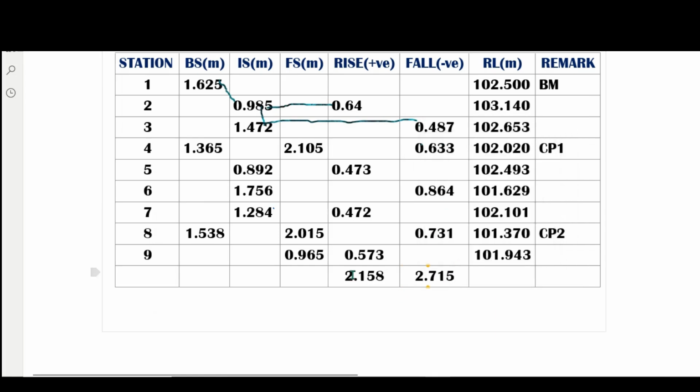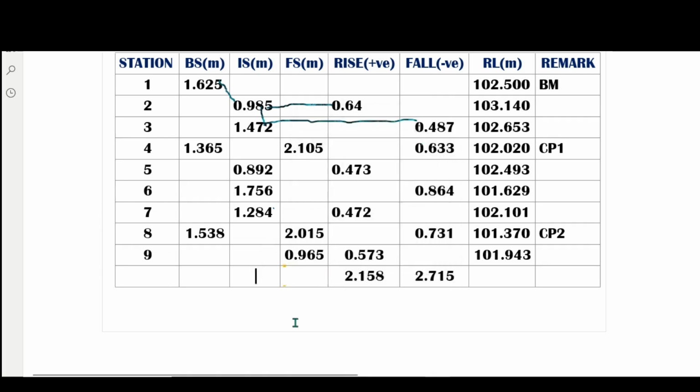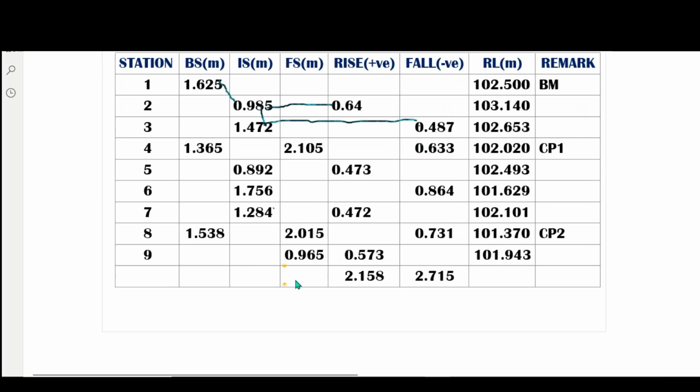Okay, so let's get this one, the foresight reading here. The foresight reading here is going to be 5.085. I think we are getting to something. I think we are getting somewhere.